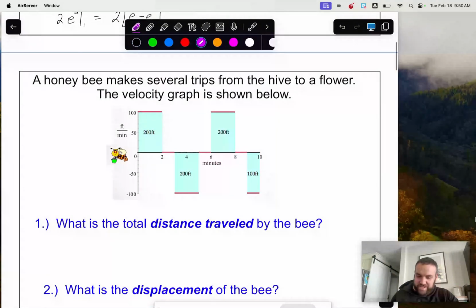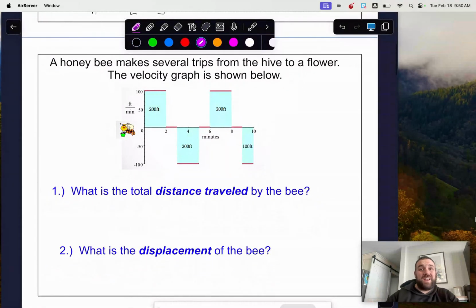All right, okay. When we're talking about the difference between displacement and distance, remember, distance counts whether you're moving forwards or backwards; that is increasing the value of distance. But if you walk 5 feet forward and 5 feet back, your displacement is the change in your position from beginning to end. So if I walk 5 feet forward, 5 feet backwards, the displacement is 0, but the distance traveled is still 10.